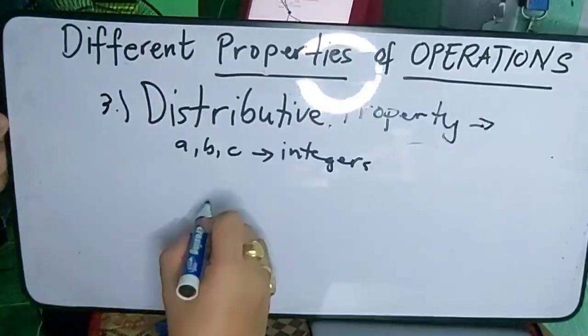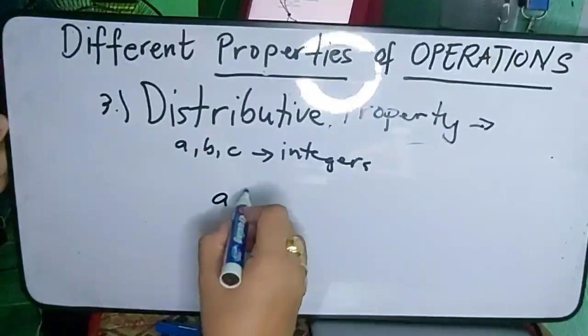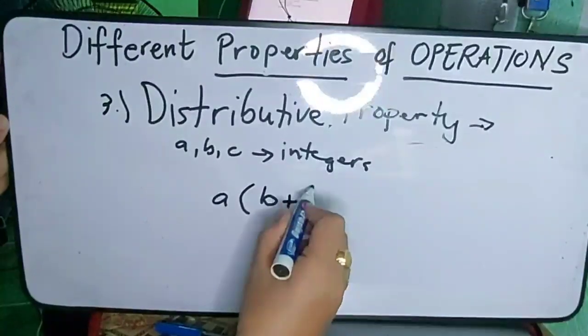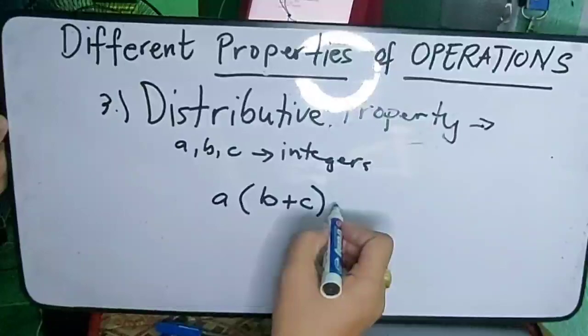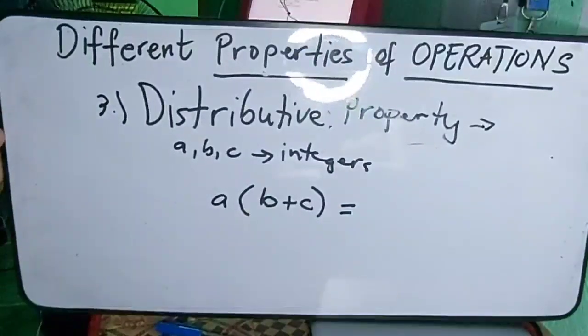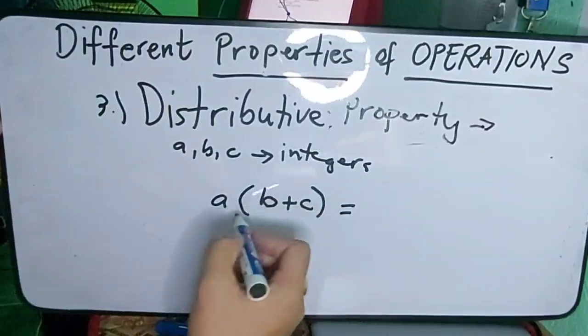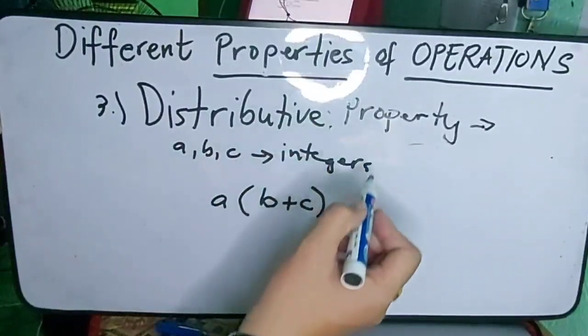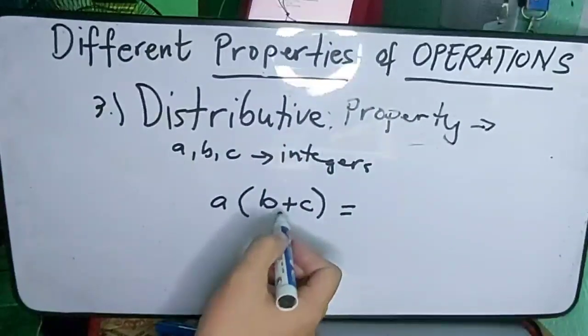Now, for example, A times the quantity of B plus C is equal to what? Perform. You are going to distribute A to the terms inside the parentheses.